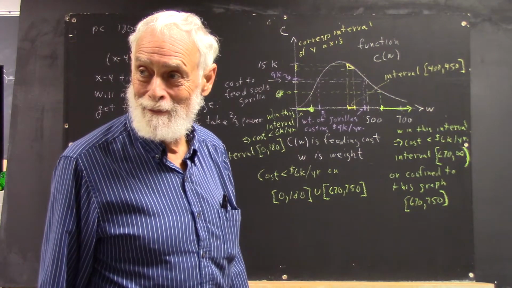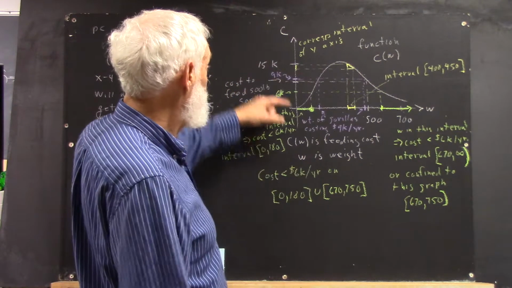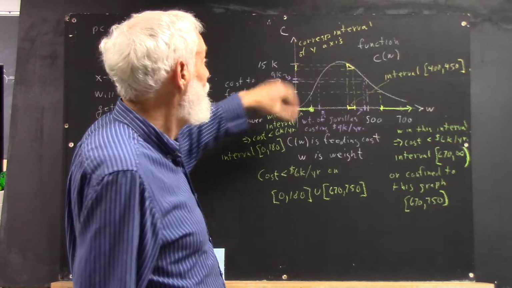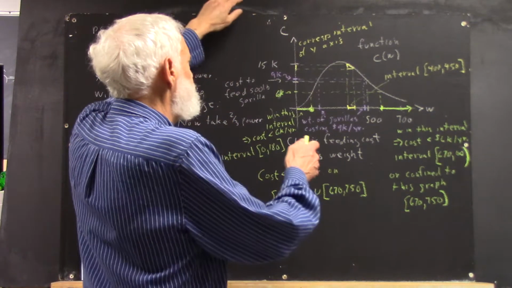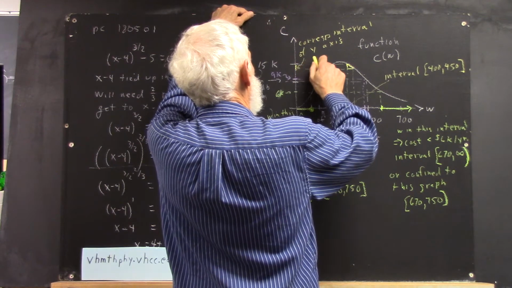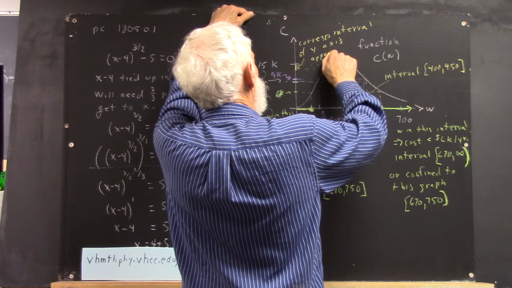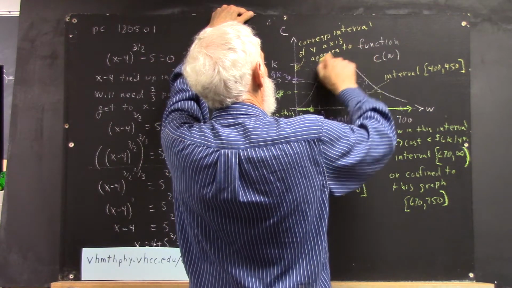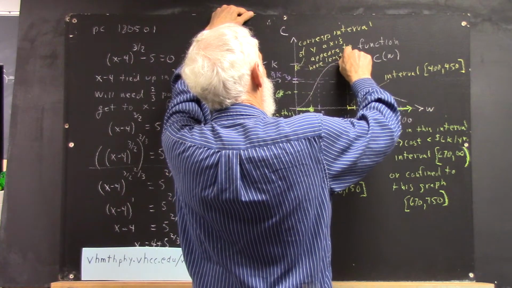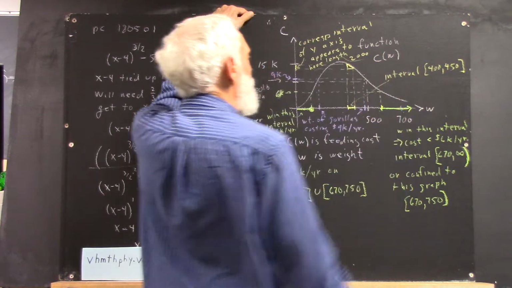Understand what I just did? Rather than trying to estimate this value and this value, I just estimate how long that interval is. It appears to have length 2,000.